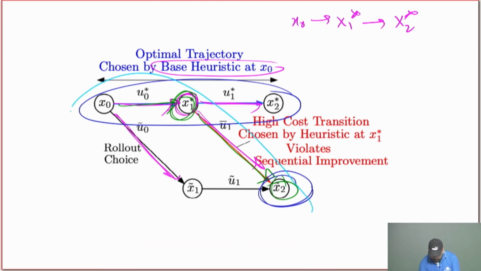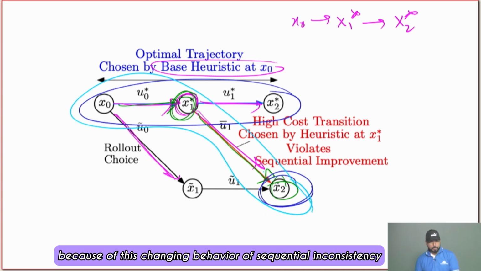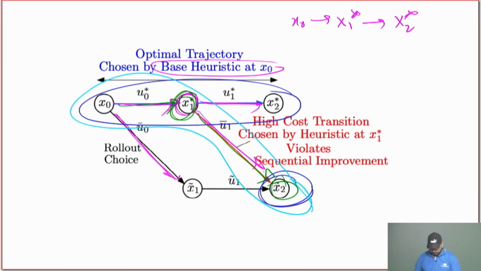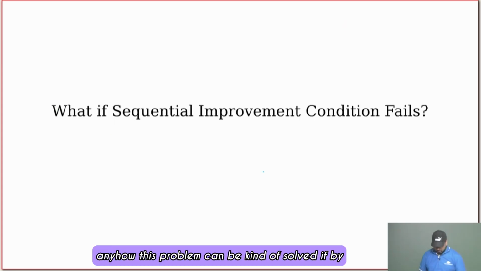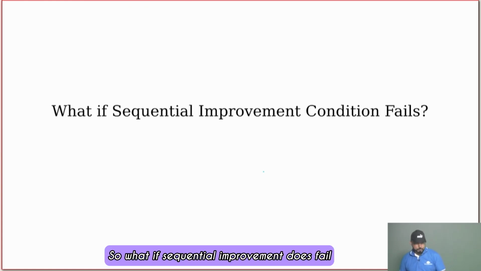Because of this changing behavior, this sequential inconsistency, you get to some suboptimal route. Okay, so what if sequential improvement does fail?